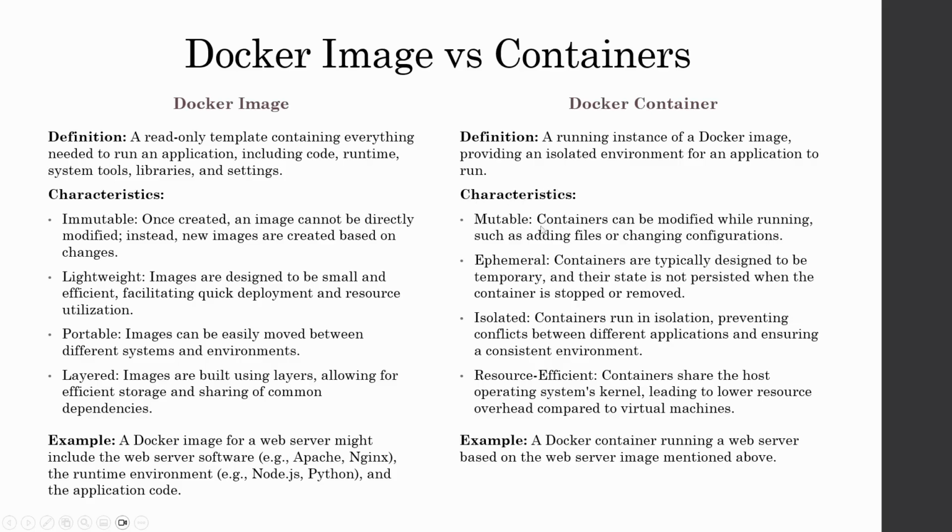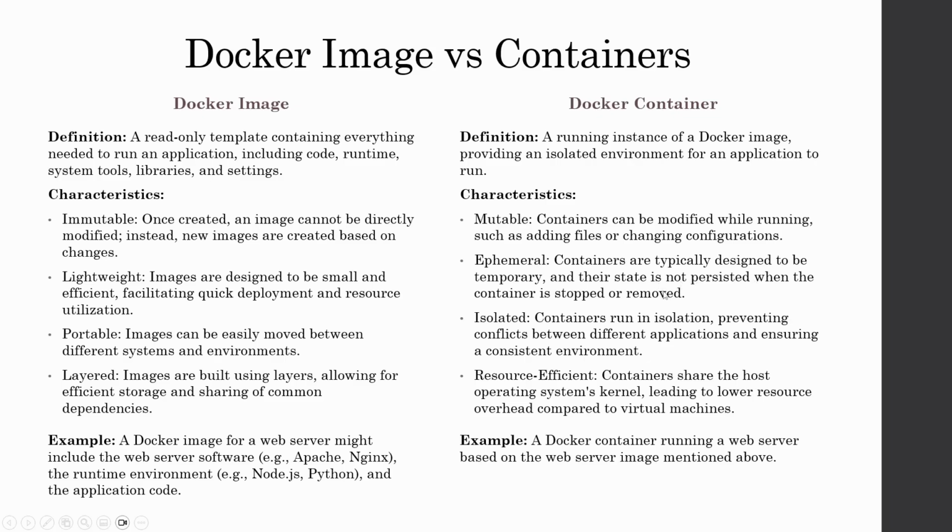So next, let's look at the characteristics. It is mutable. So containers can be modified while running, such as you can log into the system and add files, but it is typically designed to be temporary. Okay, so the state in which you leave it is not persisted.